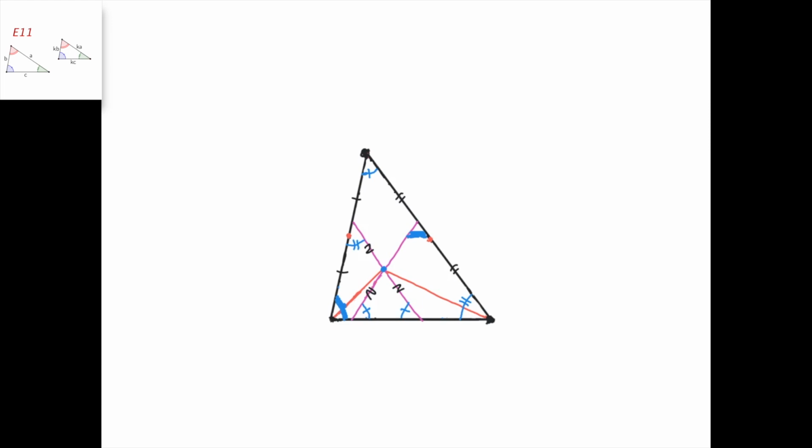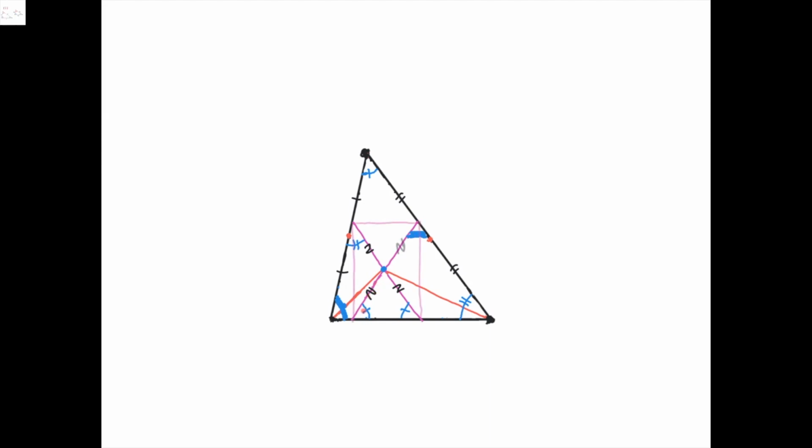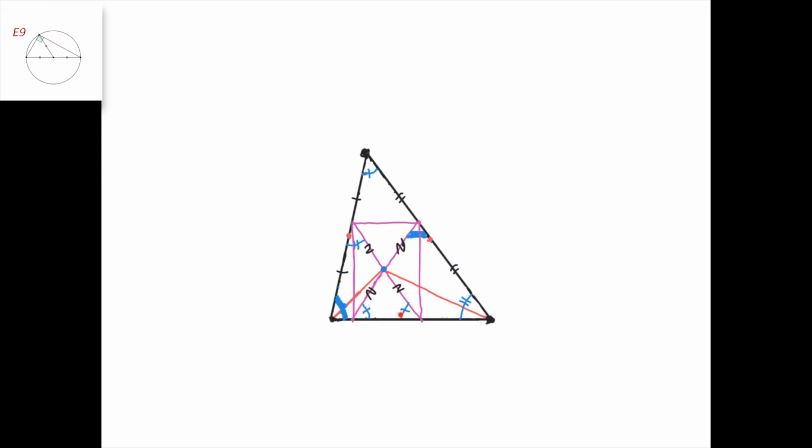So in other words, we get that this triangle from this vertex to the midpoint is similar to this triangle here. And therefore, this point must be the midpoint of this side. And now you see in this triangle, this is a median, and it equals half of this side. And therefore, this triangle must be a right triangle.